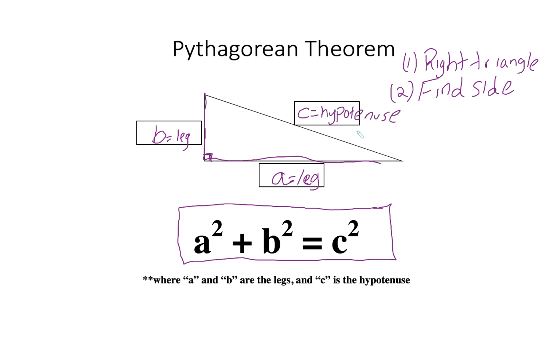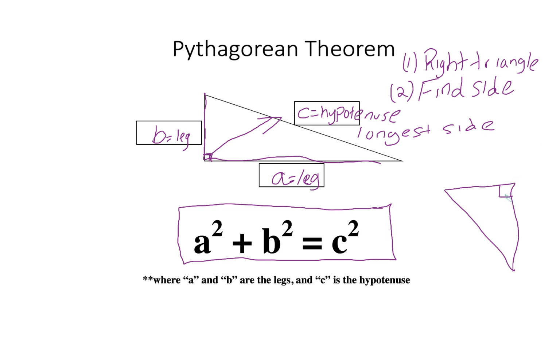Now your hypotenuse is the longest side. I always tell students you can identify the hypotenuse because the right angle points to it. So if your right angle points to this side right here, that is your hypotenuse. I don't care how you draw your triangle. Sometimes they draw their triangle upside down. I know this triangle looks awful, but bear with me.